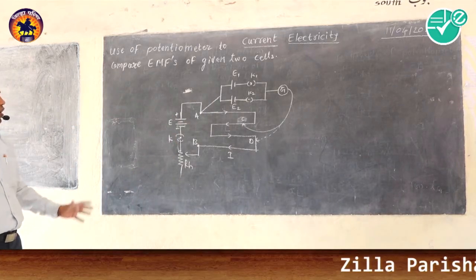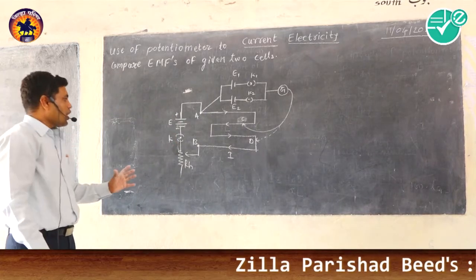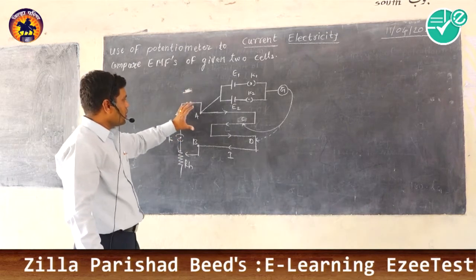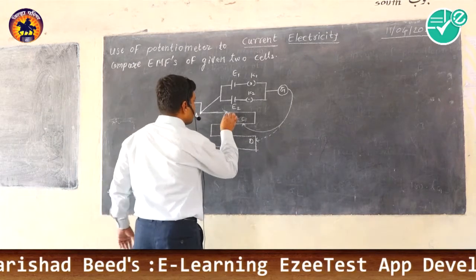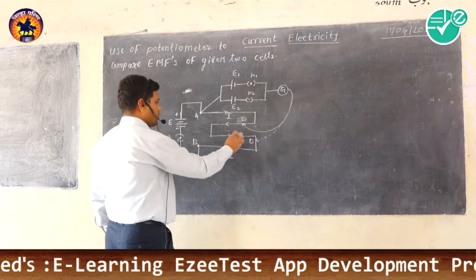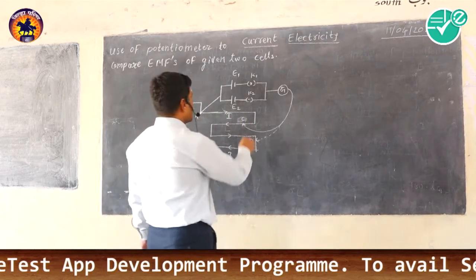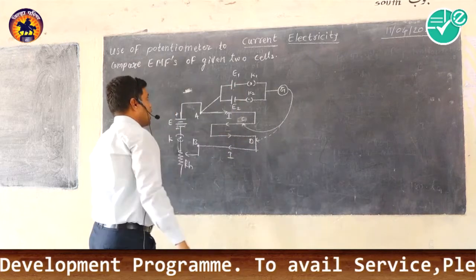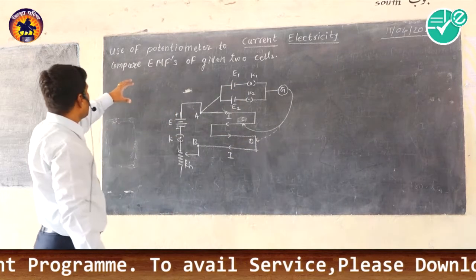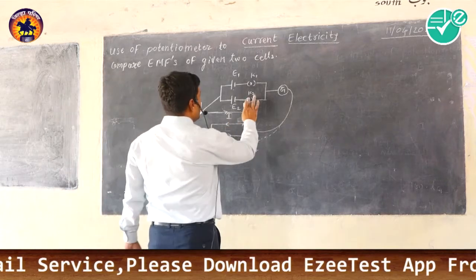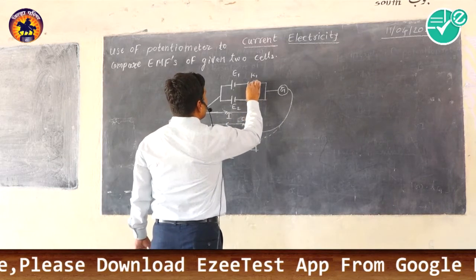As soon as you close the key K, it sets up a current I flowing through the potentiometer wire. Now, to compare E1 and E2, first open key K2 and close key K1.